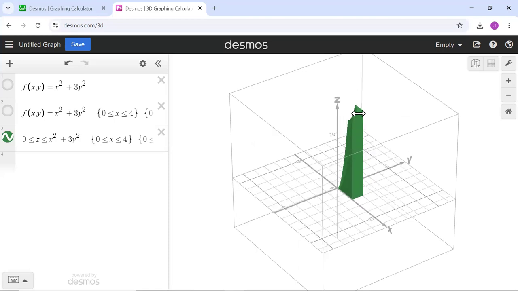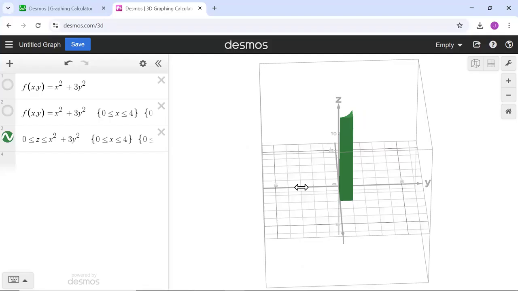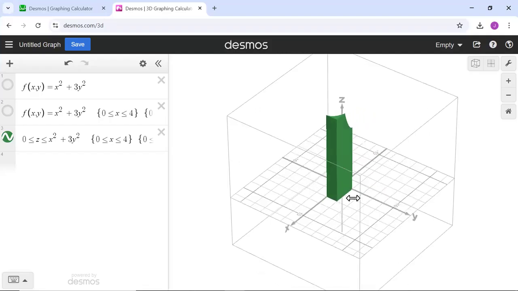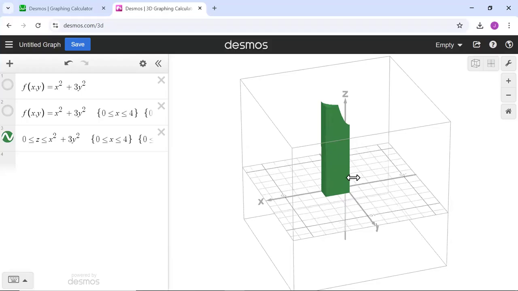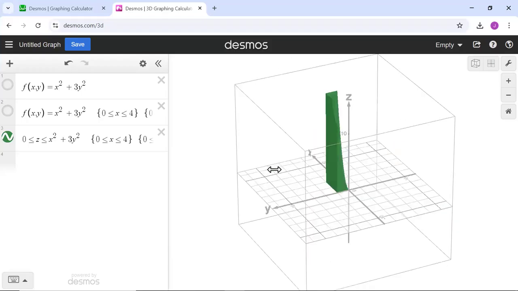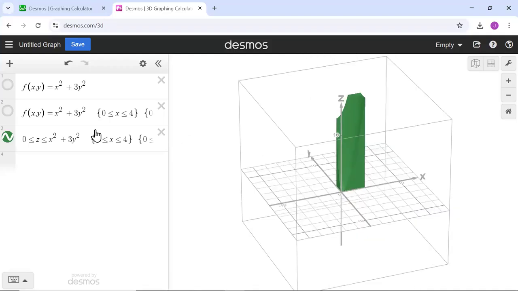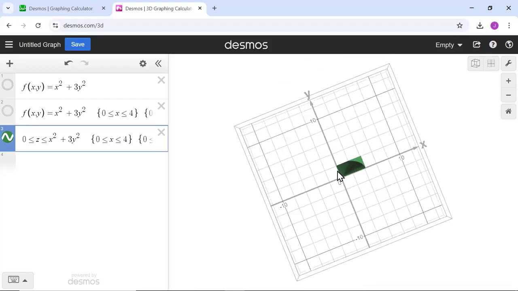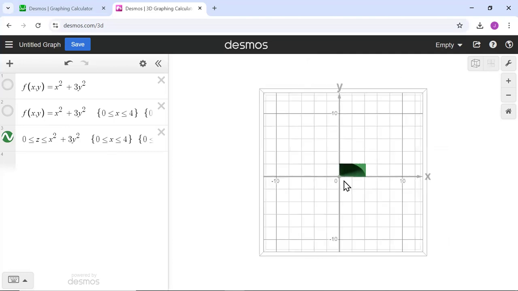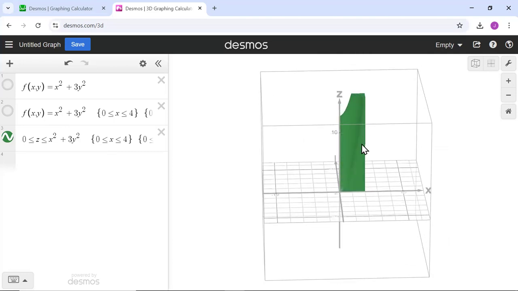Obviously, a little bit of it is off, but you can see this object here. It's the object under the surface, but that's just over that rectangle in the plane. So the volume of that is what we just found, and we just found that to be 74 2/3.